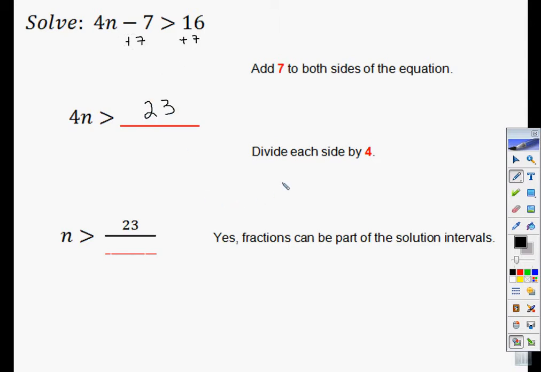And then step 2, we're going to have to divide both sides by 4, and my answer is n is greater than 23/4. That's an improper fraction, but we can't reduce it any more than that. So fractions can be part of your solution set, your solution interval.